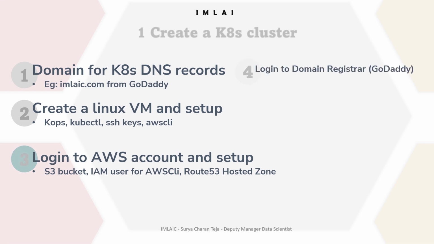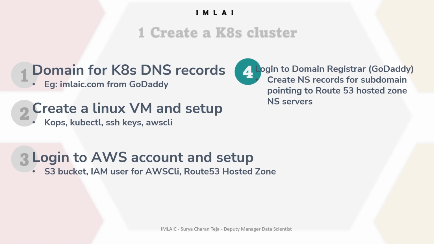Then the final step, log into the domain registrar to cross-check. Once we log into the domain registrar, you have to create NS records for the subdomain pointing to the Route 53 hosted zone NS servers, so name servers basically.